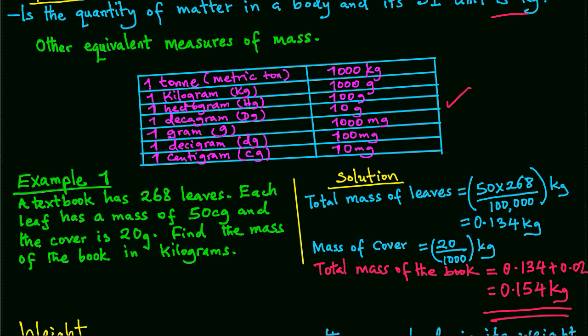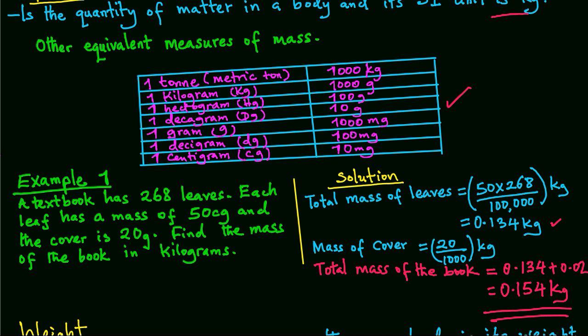So in this case, we'll find the total mass of the leaves, which will be 50 times the total number of leaves, 268, divided by 100,000. That is converting from centigrams to kilograms. So that would give us 0.134 kilograms.